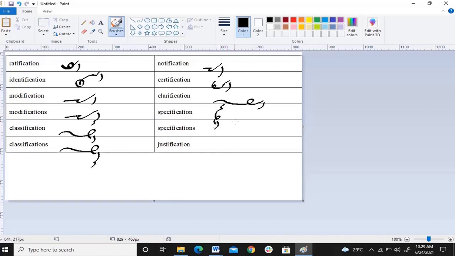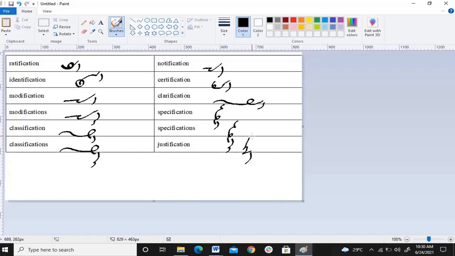Next is specifications. So, we're only going to add S. Justification. So, we have just, J-U-S-T, and then ifications. Okay, so that's how you stroke the ification words.